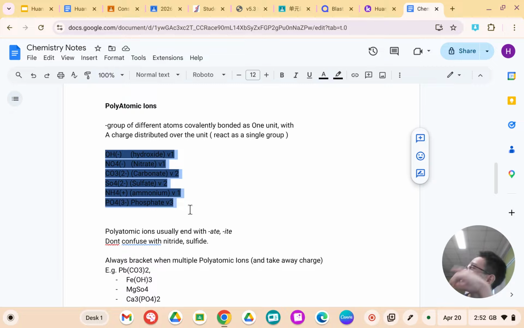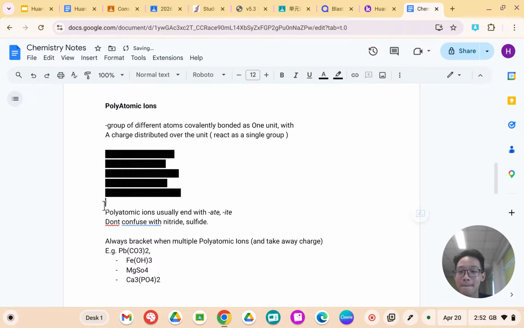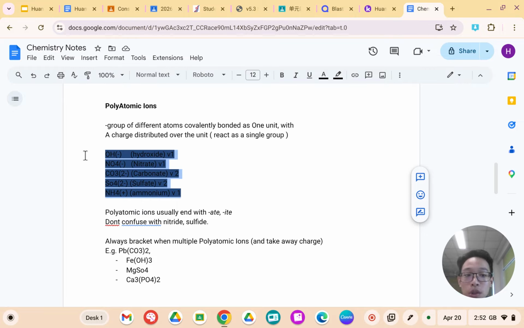Phosphate has a valency of 3, right? Phosphate no need to memorize. I already told you, phosphate no need to memorize. So this is easy. Obviously, it's just carbonate and sulfate, minus 2. How hard could it be?